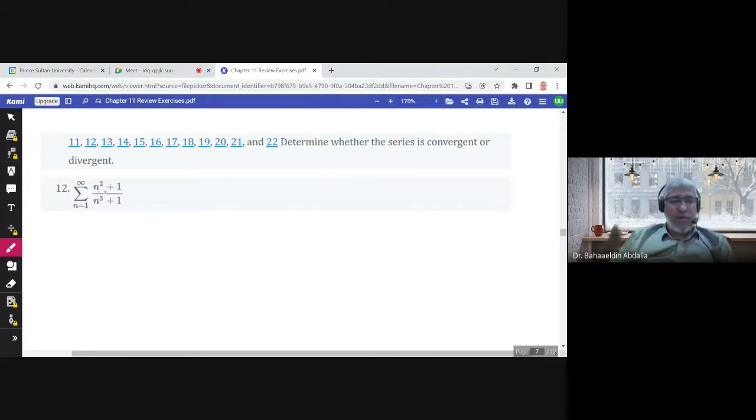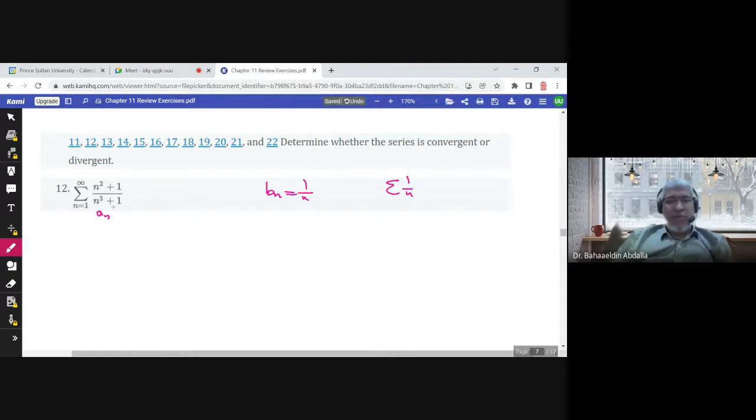But you can also see that this is a rational function, and we deal with a rational function by finding b_n. This is the summation of a_n. Let me talk about b_n. What is b_n? n squared over n cubed, or 1 over n. So I will compare the summation of 1 over n to this series, these two series.